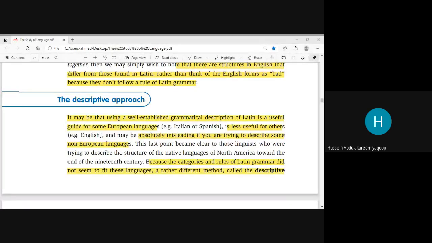This time I may again see your hands raised if you are interested, but I wish I can see some new faces. Yes, we may have this time. Yes, Abbas, please go ahead. Abbas, this is your second participation. Abbas Hamid. Yes, please, Abbas. Abbas Hamid, are you following us? Can you hear me? Yes, sir. Please. Now, what's your idea about the descriptive approach of analyzing grammar?